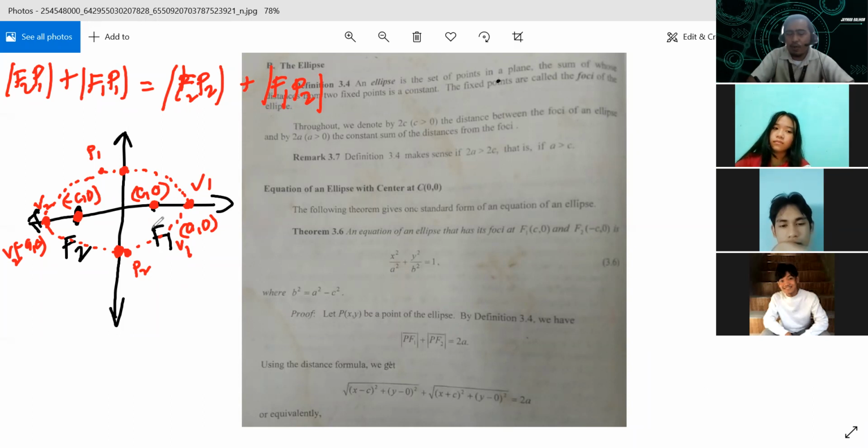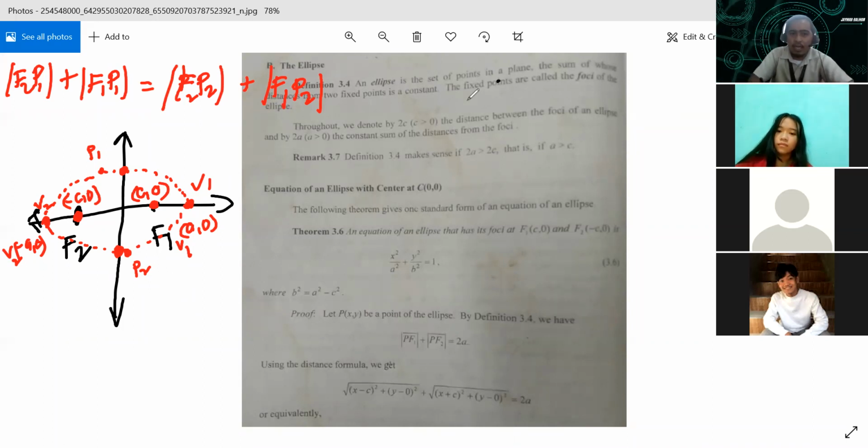Another thing that we can get here is the endpoints of your minor axis. What I am referring to as the minor axis is this axis. The major axis is this. How do we know whether it is a minor axis or the major axis? It is a major axis if it is the axis that passes through your vertices and foci.